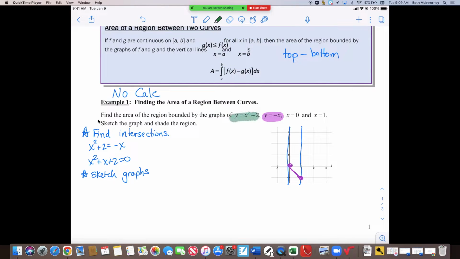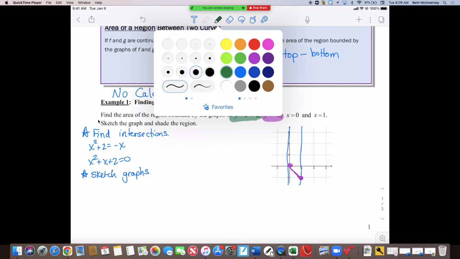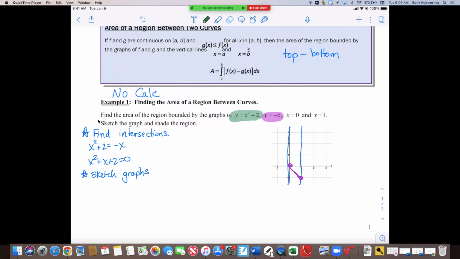Now, let's do the parabola piece. If I plug in 0, that would give me 2. And if I plug in 1, that gives me 3. So this is the piece of the parabola here.